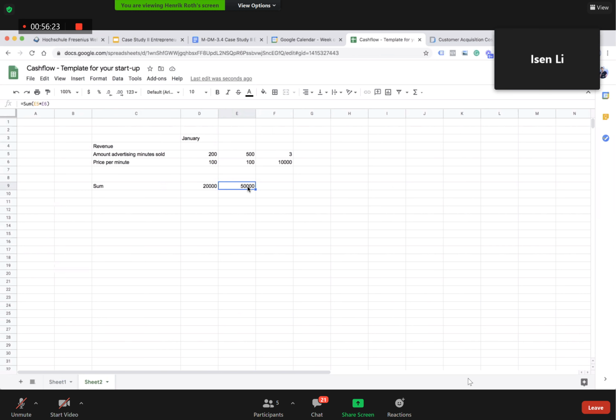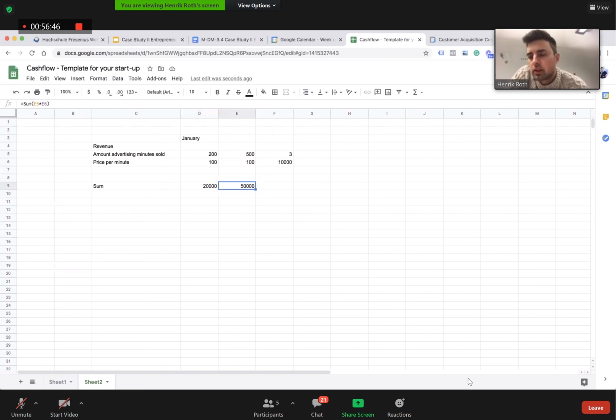Okay. But maybe you can find out the price per minute, how much is a benchmark, maybe look at TV advertising, how much does a minute cost there? And you can find some benchmarks. Where can we find reference values?